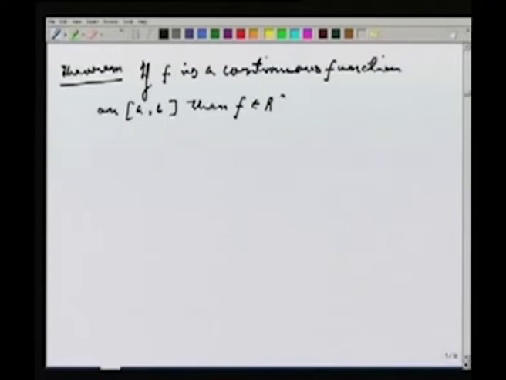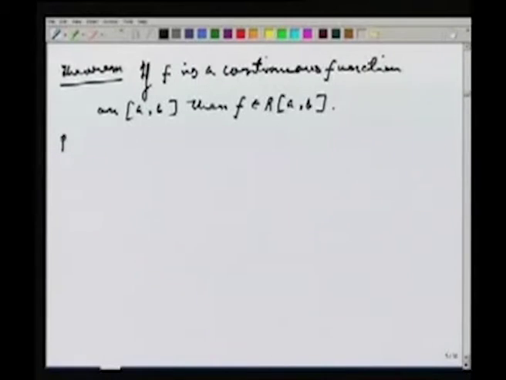So I will write that f belongs to R[a, b], the set of all Riemann integrable functions. So it proves that every continuous function is Riemann integrable. So how to prove this? We have to go by the necessary and sufficient condition of Riemann integrability of a function. That is what we are going to use. That is the previous result.